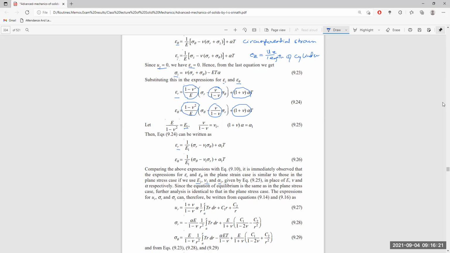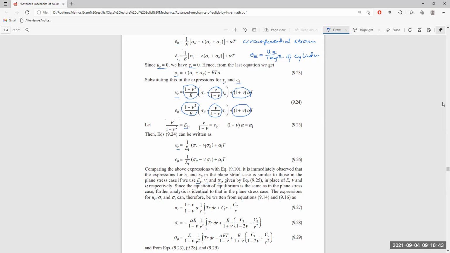The expression for u, the displacement along the r direction, epsilon r, strain induced in the radial direction, and epsilon z, strain induced along the length, can be written from equations 14 and 16 accordingly.